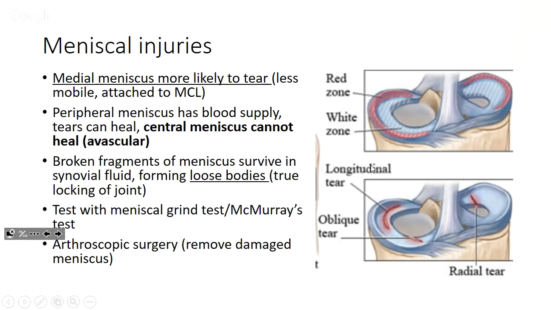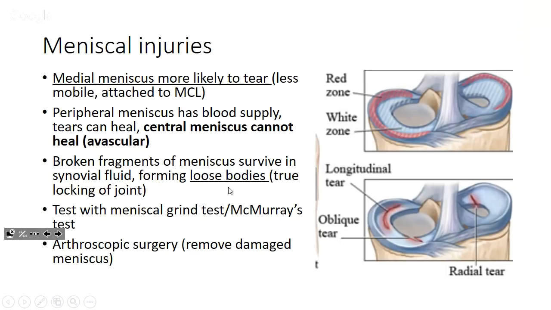Meniscal injuries, if you remember, the outside of the meniscus has good blood supply, whereas the inside is not really well supplied. So typically when you have meniscal injuries, the outside can heal, but the inside will not. If pieces of the meniscus break off, they can form loose bodies, and these survive in the synovial cavity because the synovial fluid nourishes them and keeps them alive.